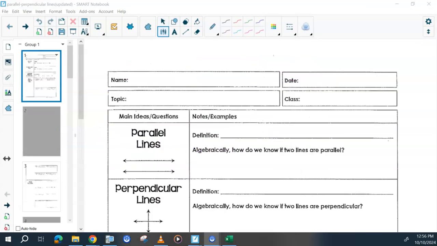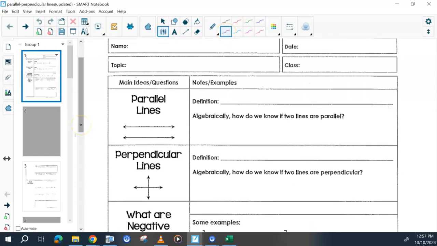Okay, so we should remember a little bit about parallel and perpendicular lines from geometry, but we're going to talk more about the algebraic side of it rather than the graphic side of it. What do we know about parallel lines, if we remember anything? Something about them is the same. Say that again. I can't hear you.